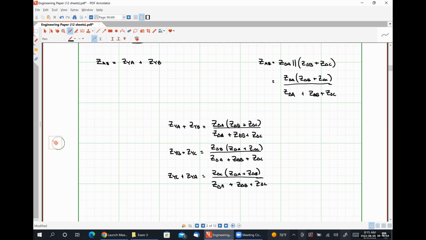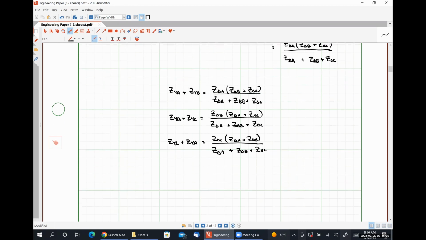Similarly, if we know Z delta A, Z delta B, and Z delta C, we can solve for ZYA, ZYB, and ZYC. So we can develop 2 different transformations from this, a Y to delta transformation, where ZYA, ZYB, and ZYC are known, and a delta to Y transformation, where Z delta A, Z delta B, and Z delta C are known. So let's start with the Y to delta transformation.